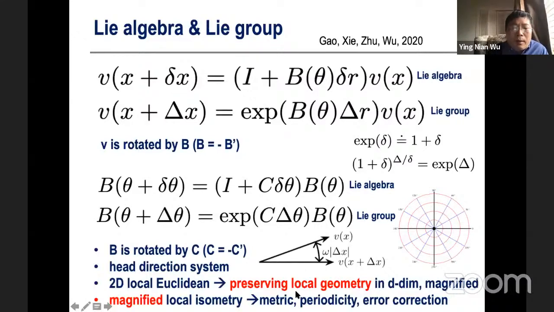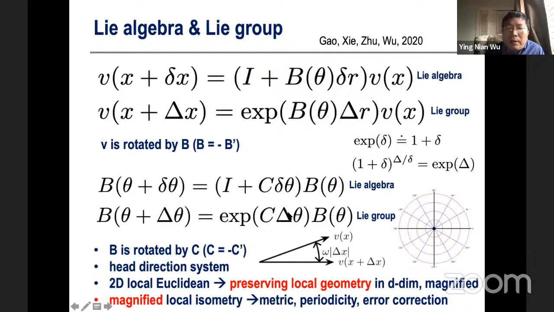And with a little bit of mathematical calculation, we can show that this 2D shape, this polar system, the movement, we actually embed into the d-dimensional sphere. And locally, we preserve this local shape, local geometry with these two systems.